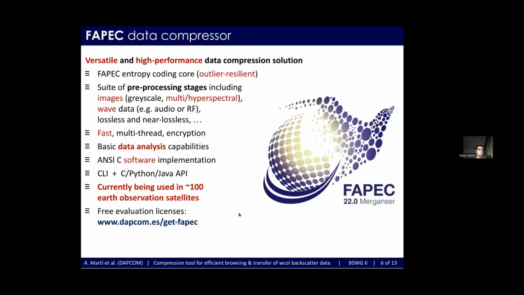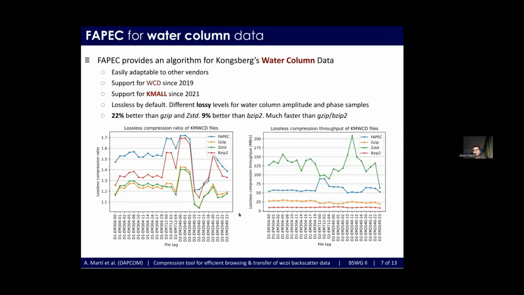on the watercolumn data files that you may have. And to see FAPEC in action, the performance on watercolumn data, well, we have an algorithm that's specific for the Kongsberg watercolumn data, but it is easily adaptable to other vendors. The support is for the legacy watercolumn data, supported since 2019, and we also support the new KMALL format since last year.